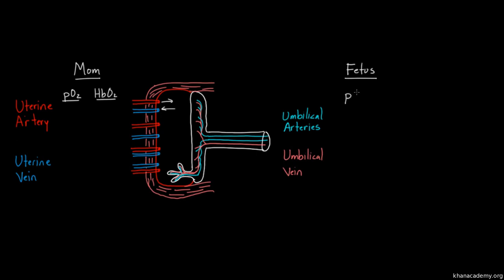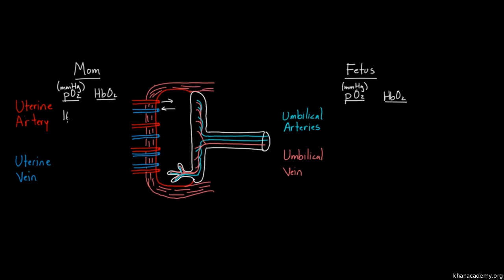And the same two options apply for the fetus. So let me write them out over here. Either bound to hemoglobin or dissolved. And when it's bound to hemoglobin, we call that HbO2. And when it's dissolved, here the units, let me just jot down, are millimeters of mercury. So what are the numbers that are estimated for the dissolved oxygen in the uterine artery?